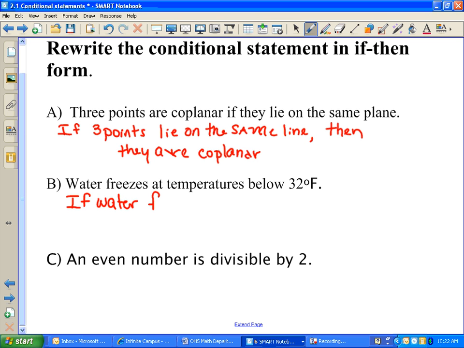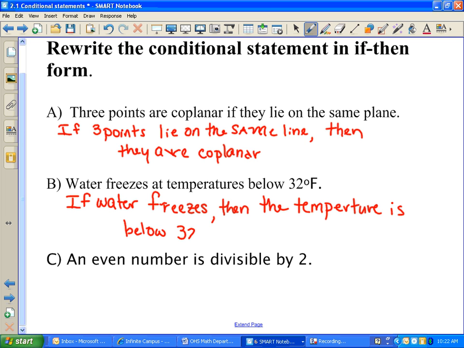So if water freezes, then the temperature is... is that good?